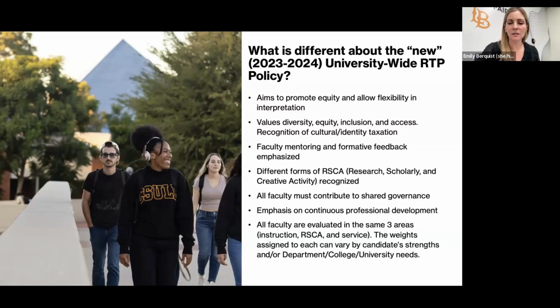So our new policy is much more open-minded, right? We do have some faculty who overwhelmingly focus on, say, service to the community. That's an important part of what makes up Cal State Long Beach. So under our new policy, we're able to recognize and celebrate that.